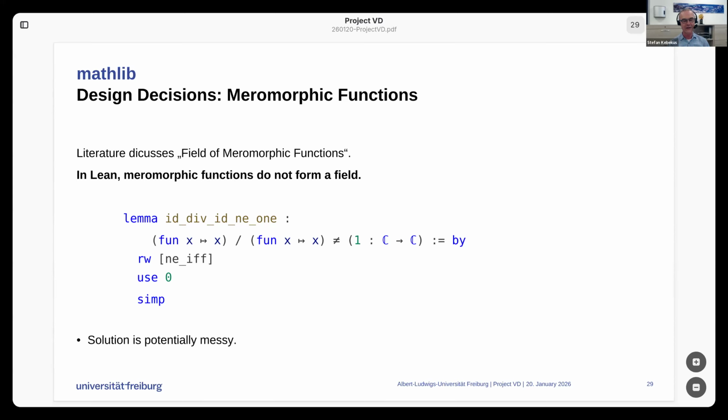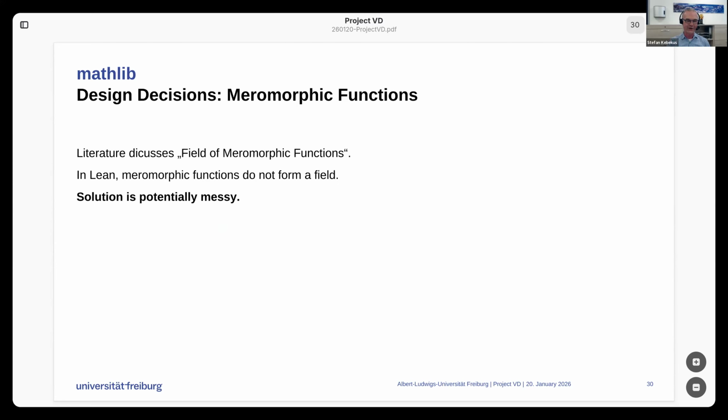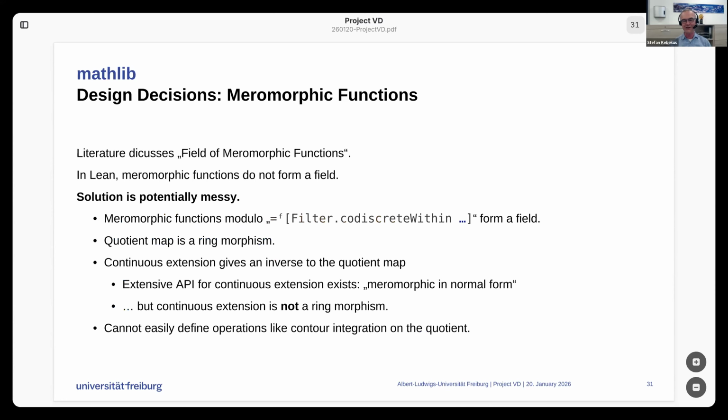And soon it becomes clear that when we say meromorphic functions form a field, we're not talking about meromorphic functions. We're talking about meromorphic functions modulo codiscrete-within. So modulo, what is this?